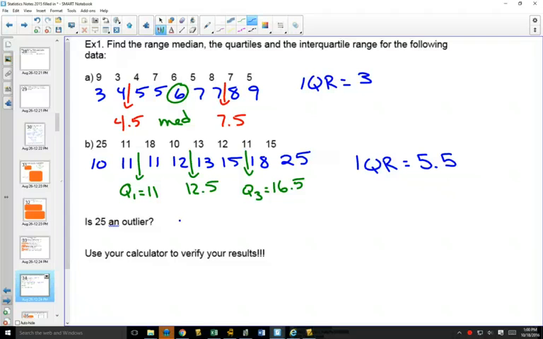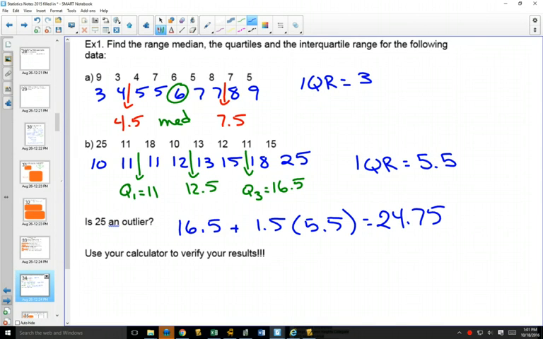So if we take quartile 3, 16.5, and add 1.5 times our interquartile range and figure out what value that would be, we get 24.75. So anything above 24.75 will be considered an outlier. So yes, 25 is an outlier.